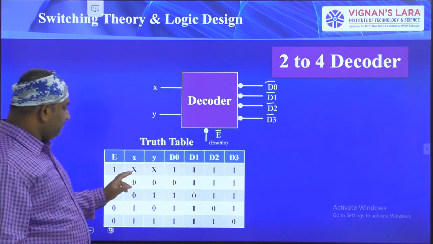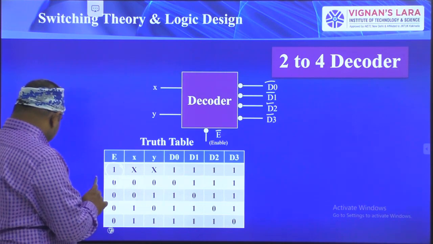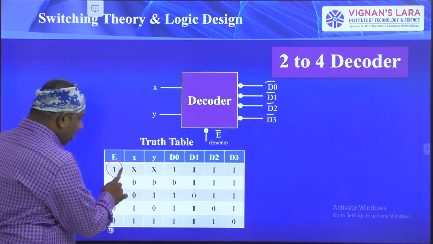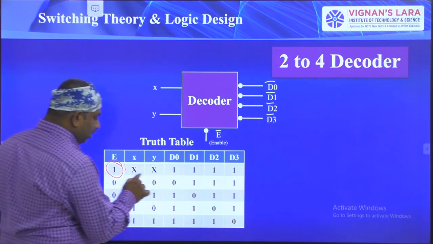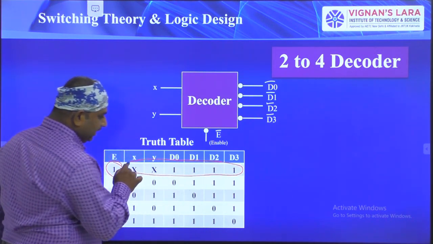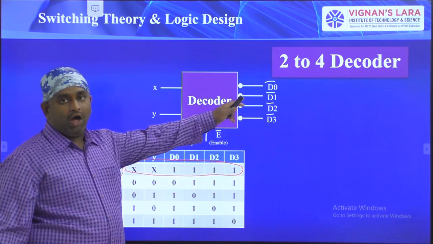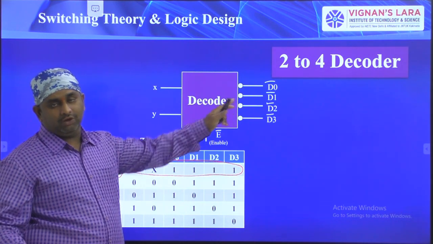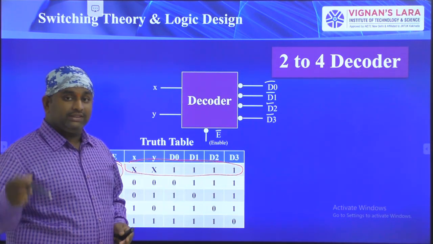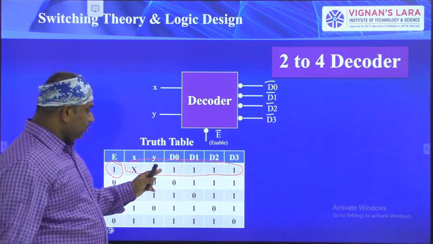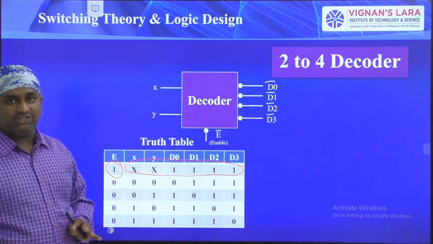So see here, in the same diagram I described previously, it did not work for 0. Now it does not work for 1. The outputs are also active low outputs. If it is 1, it is not in the working condition. If it is 0, then it is in the working condition. So 0 and 1 are reverse operations.